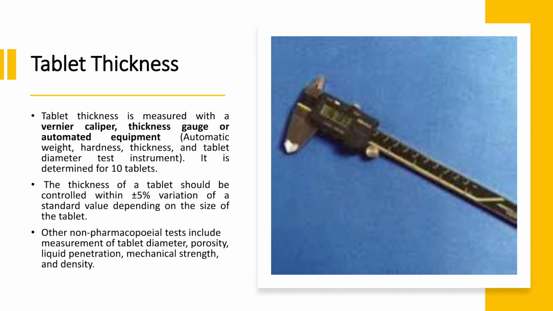If this testing is done during the in-process production, things can be customized and resolved and the batch can be improved upon. But once the tablets are prepared, there is no point in conducting these tests. That is why these tests are known as non-official, non-pharmacopoeial, non-compendial tests. I hope I am clear in making you understand these three important tests.